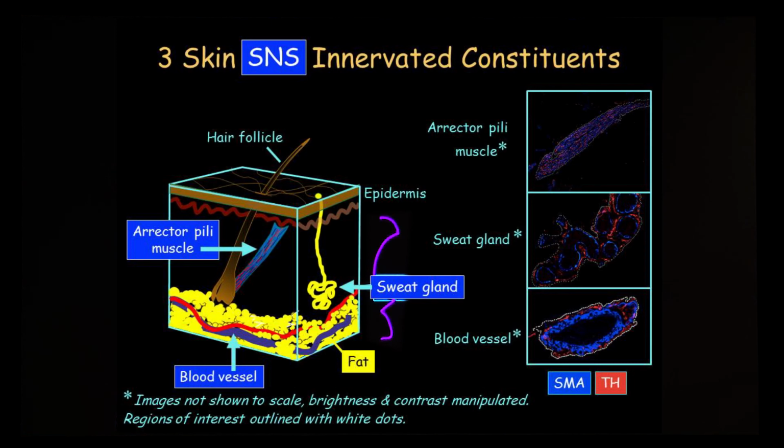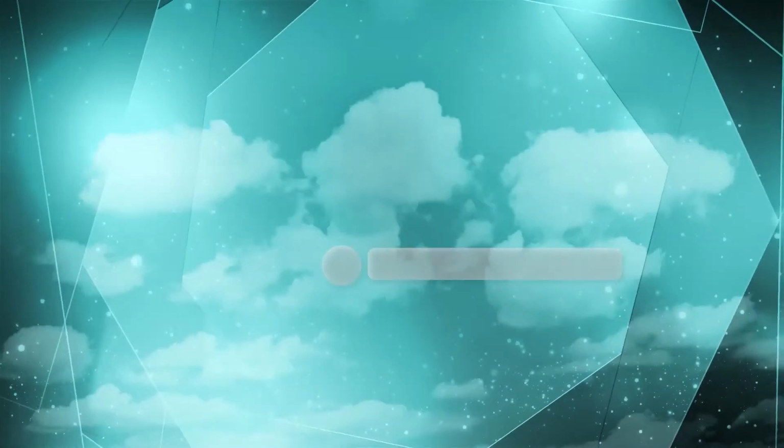So although it's taught that the sweat glands receive sympathetic cholinergic innervation, it's true, but they also have sympathetic noradrenergic innervation. And by a technique called immunofluorescence microscopy, you can see the tyrosine hydroxylase containing fibers in erector pili muscles, around blood vessels and around sweat glands. This is the work of Risa Isonaka.